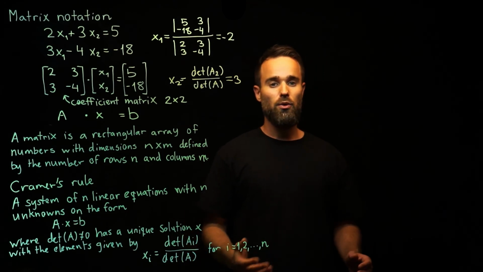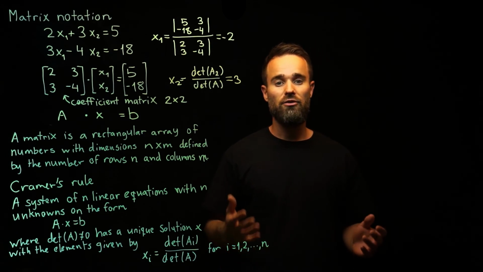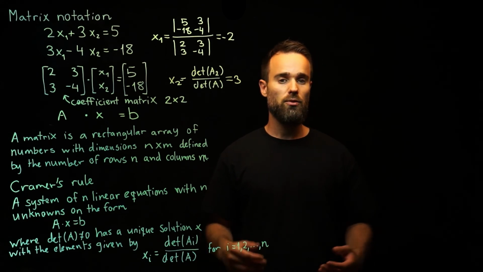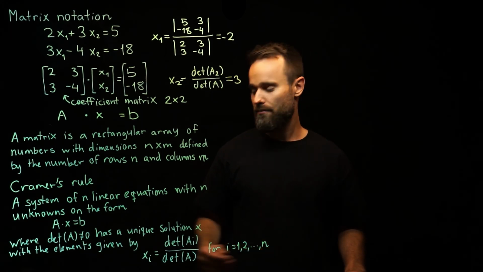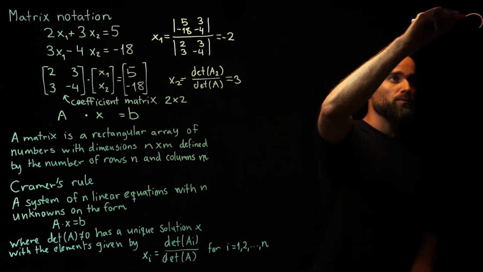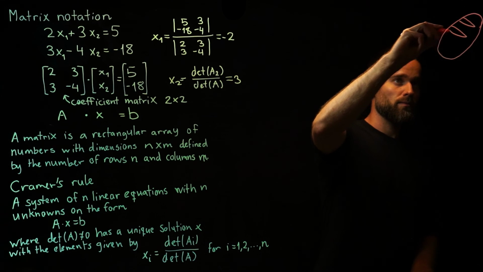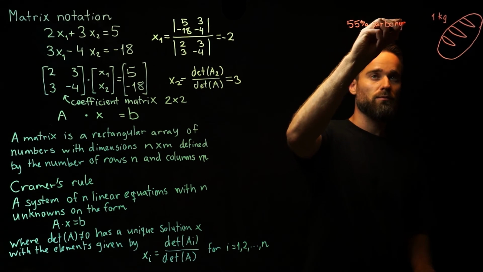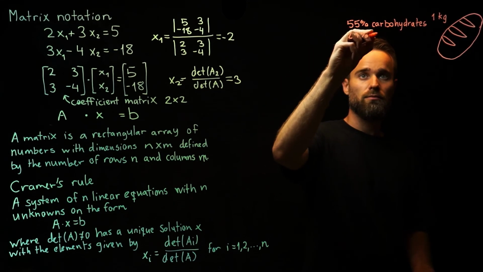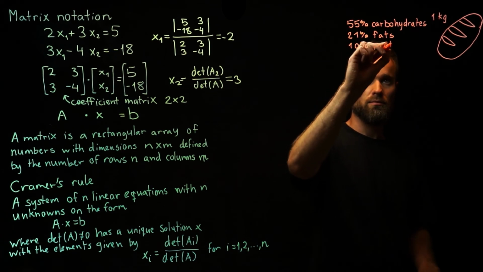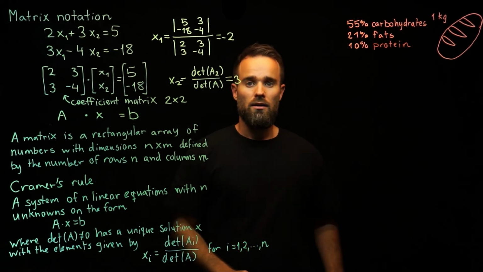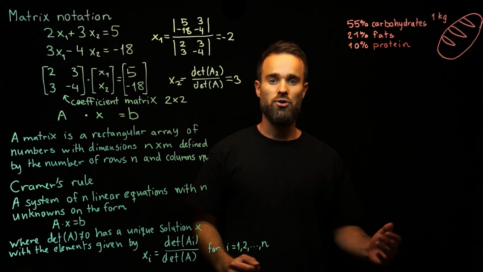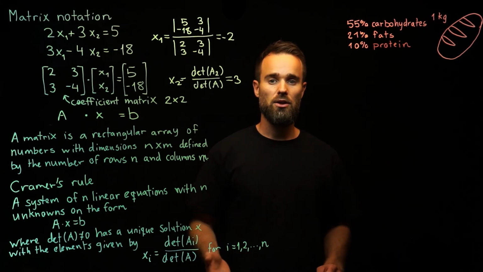Let's look at an example with 4 equations with 4 unknowns. A loaf of bread is made from 1 kilo of ingredients and is 55% carbohydrates, 21% fats, and 10% protein. There are 4 main ingredients: flour, wheat bran, wheat germ, and margarine, the nutrients of which can be looked up in a table.